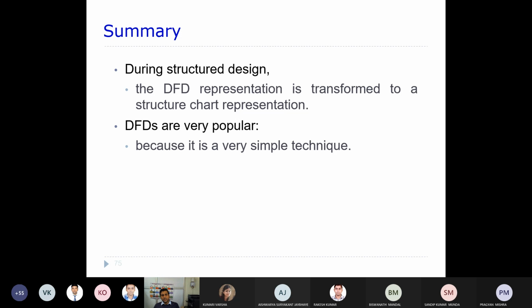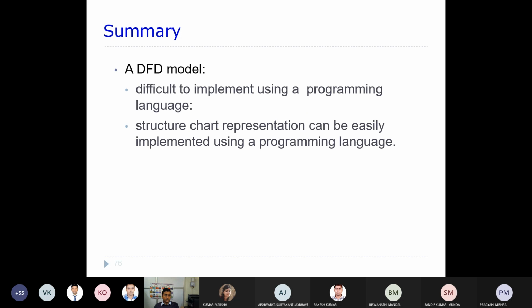As a result, it is very simple, elegant, and useful. But a DFD model is difficult to implement using a programming language. DFDs are graphical representations, so you cannot directly go from a DFD and code some sort of program. That is not possible.